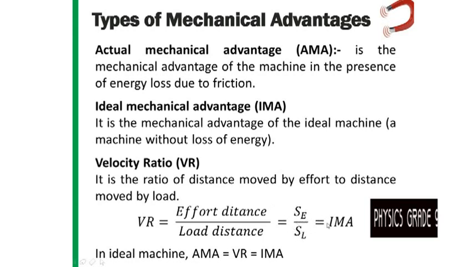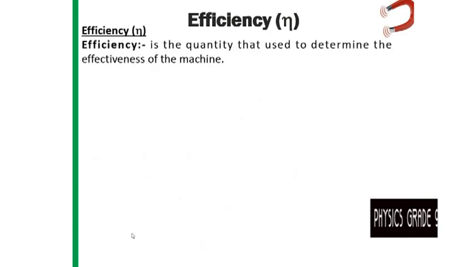And if we write it in that way, then that is equal to the ideal mechanical advantage. So in the ideal machine, the actual mechanical advantage is equal to the velocity ratio, which is equal to the ideal mechanical advantage. Another very important key term is efficiency.